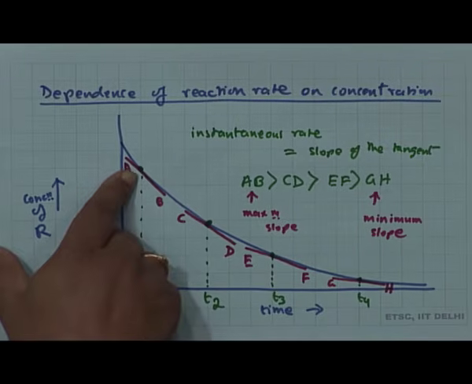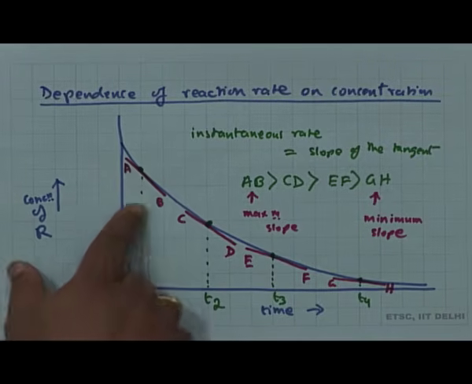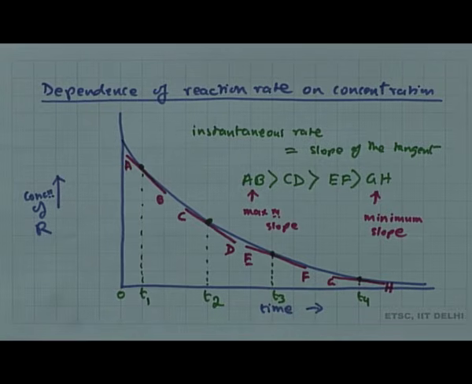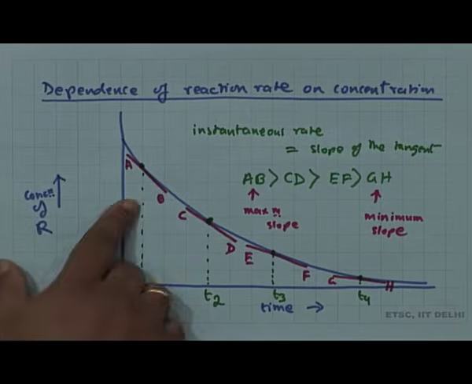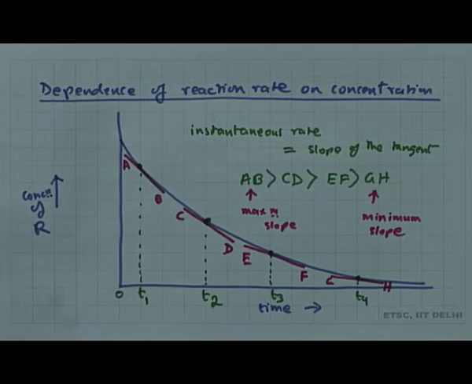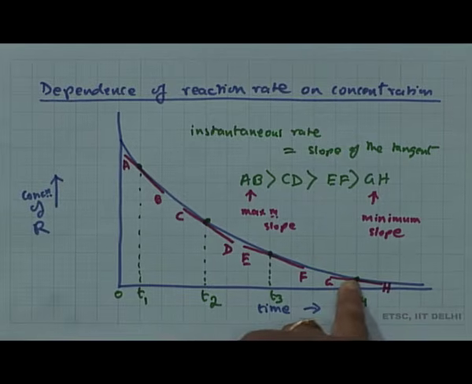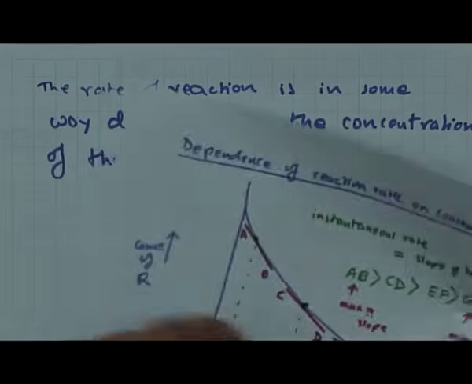For example, at time t1, amongst all these time points t1 to t4, where the concentration of the reactant is the highest, the slope is also the highest. Then I go to the next one, where the concentration has decreased a bit at time t2, and the slope has also decreased. I go to the last point t4, where the concentration of reactant is the lowest, and the slope is accordingly also the lowest.